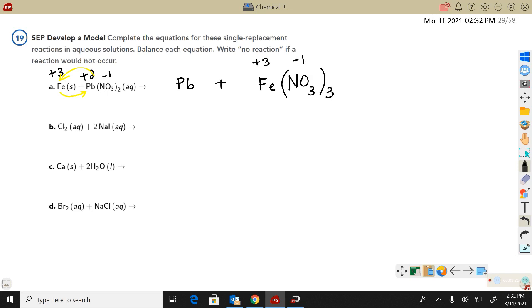I need 3 nitrates. So subscripts like this 2 by the original nitrate, that does not carry over to the product side. Now the little 3 in the nitrate ion, NO3, that can come over. That's like its own group. But the 2 behind nitrate was only because nitrate was bonding to lead and lead's charge was +2.